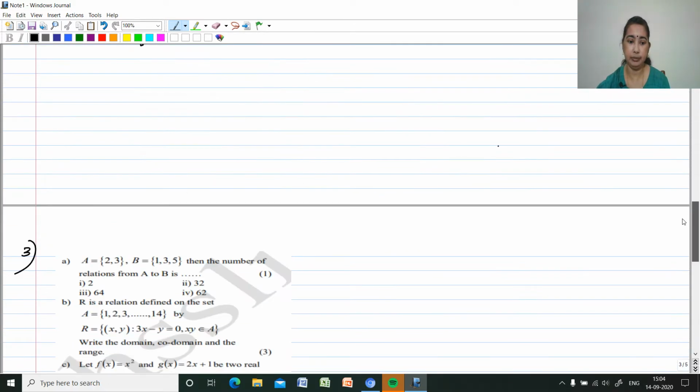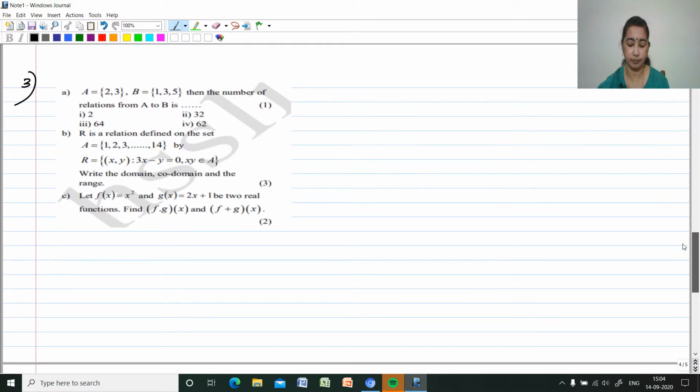Now the next one. The next question: A is equal to the set {2, 3} and B is equal to the set {1, 3, 5}. Then find the number of relations from A to B. First you should find the Cartesian product and how many elements there will be in it. There will be 2 into 3, that is 6 elements, in the Cartesian product.